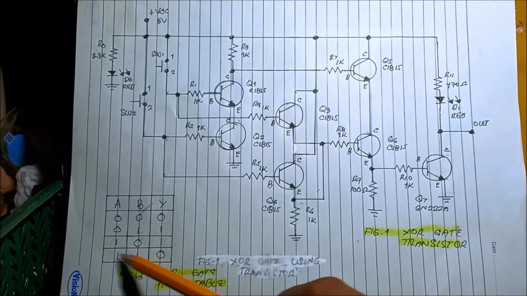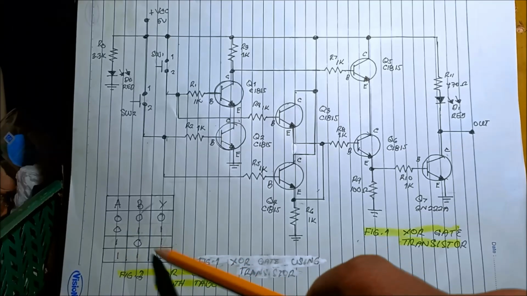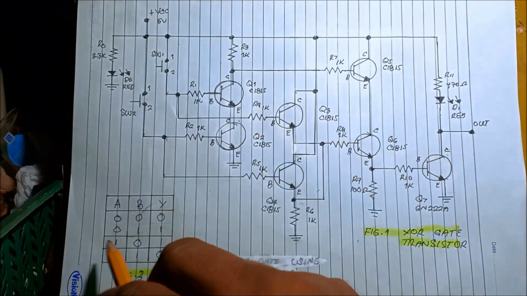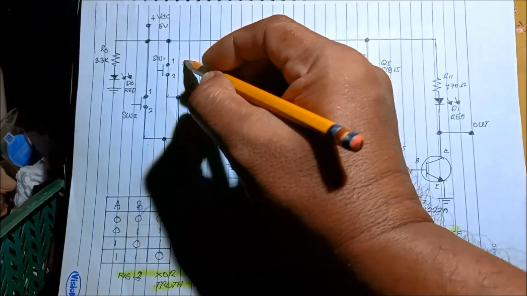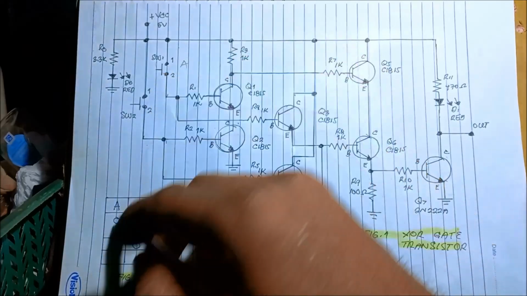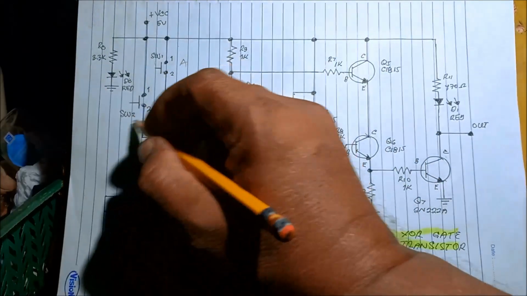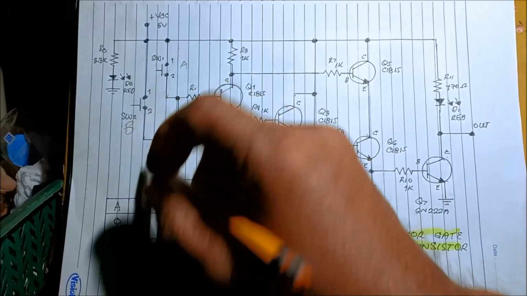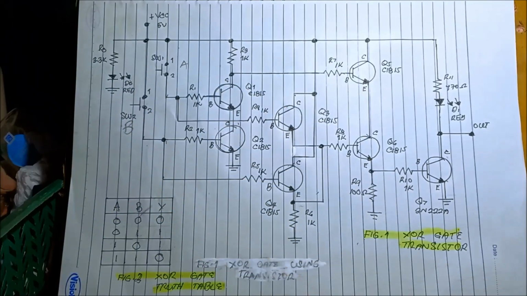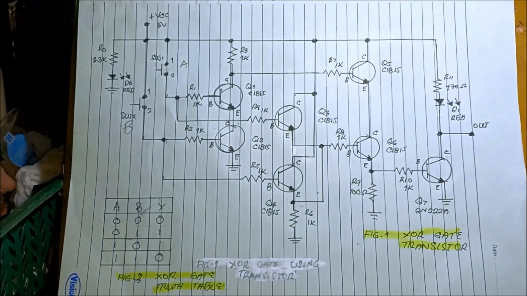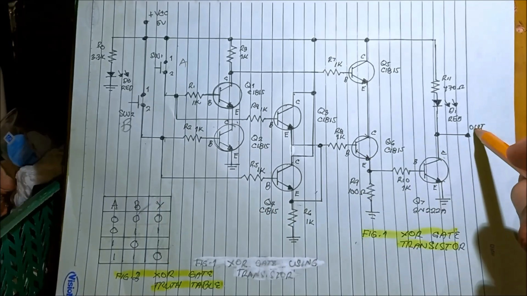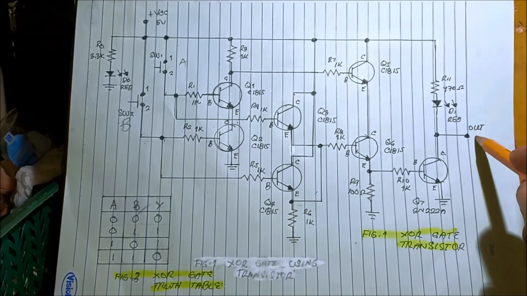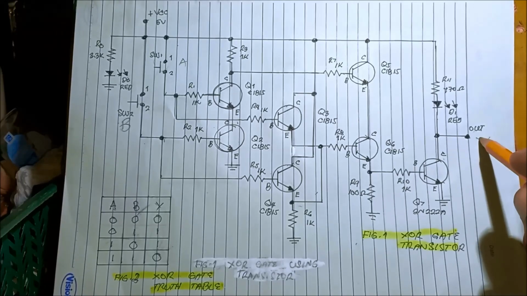And if both inputs are 1, the output is 0. A is referring to switch 1, and B to switch 2. And this is the output, Y.